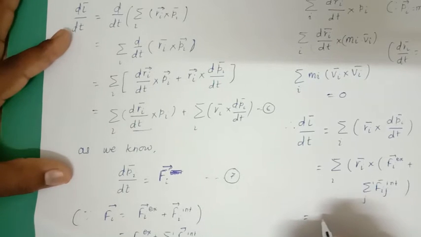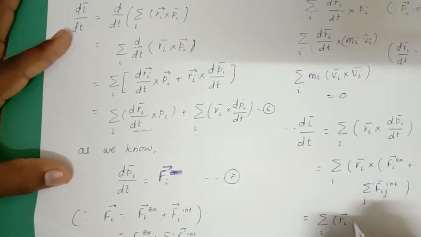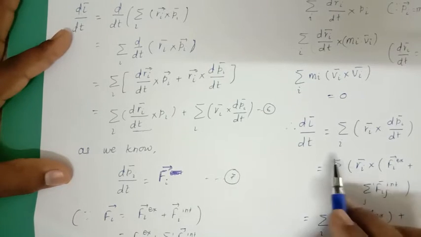It can be written as summation over i of ri cross Fi external plus this summation.